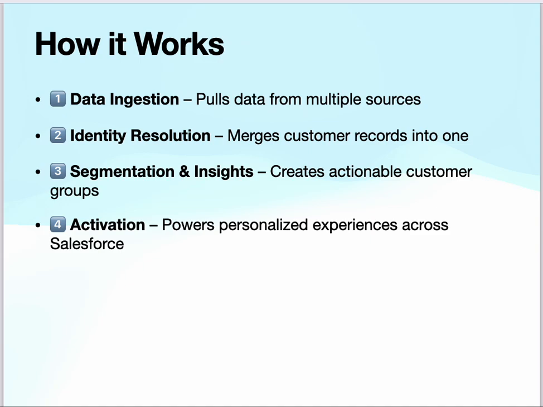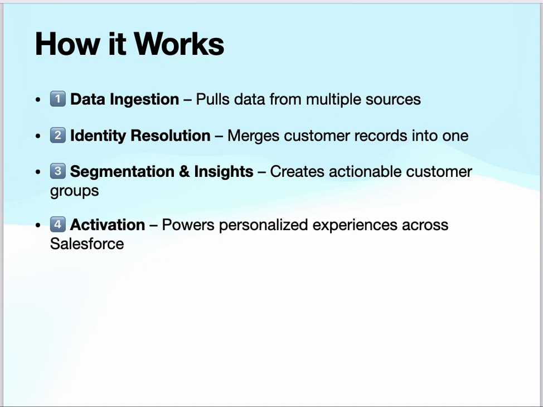So then it's basically cleaning and unifying this data, linking different customer records together using the identity resolution. So if a customer interacts through different channels, Data Cloud recognizes them as one person, not multiple fragmented profiles. That's the beauty, right?